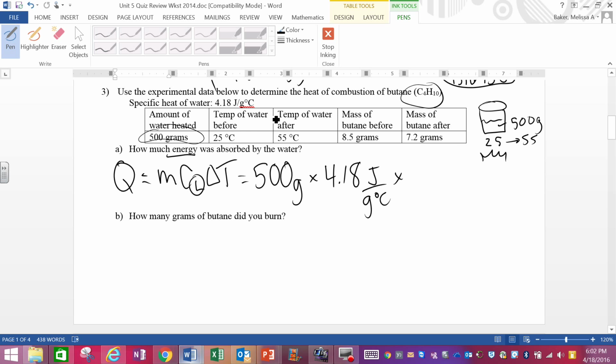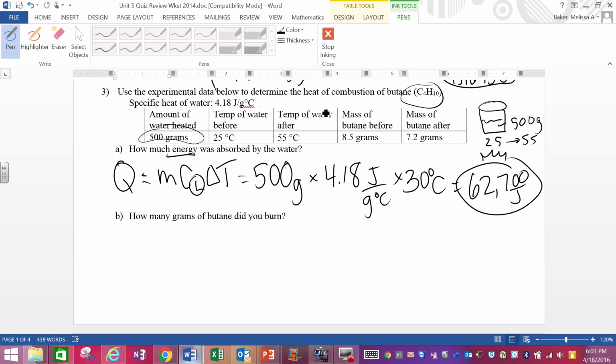It went from 25 up to 55. That's a change in temperature of 30 degrees. Multiply that together and you get 62,700 joules. That's how much energy the water absorbed from that butane releasing the energy.